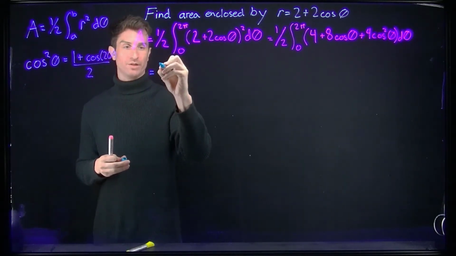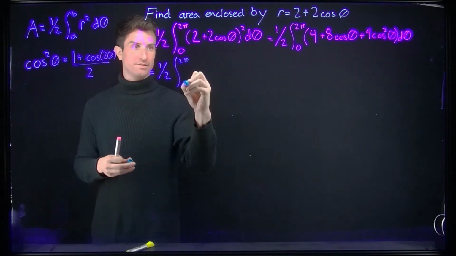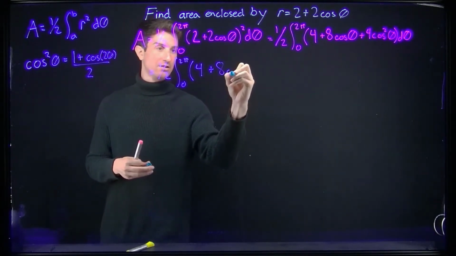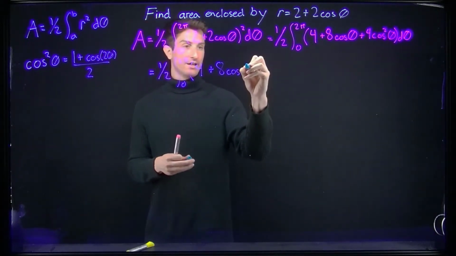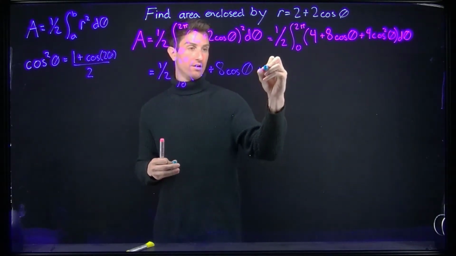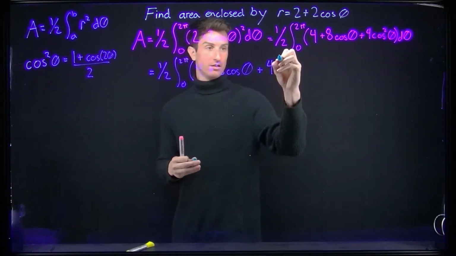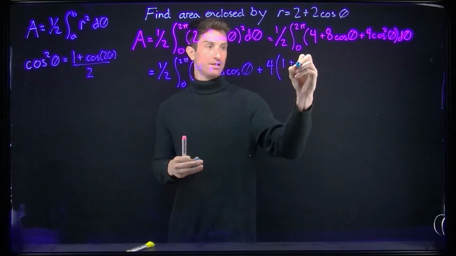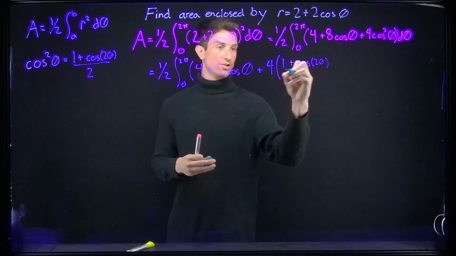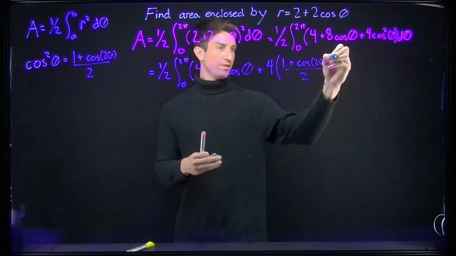So we have 1/2, integral from 0 to 2 pi, of 4 plus 8 cosine of theta, plus 4, and then instead of cosine squared, we will write (1 plus cosine of 2 theta) over 2. So we have this nice cancellation that we can make. d theta.